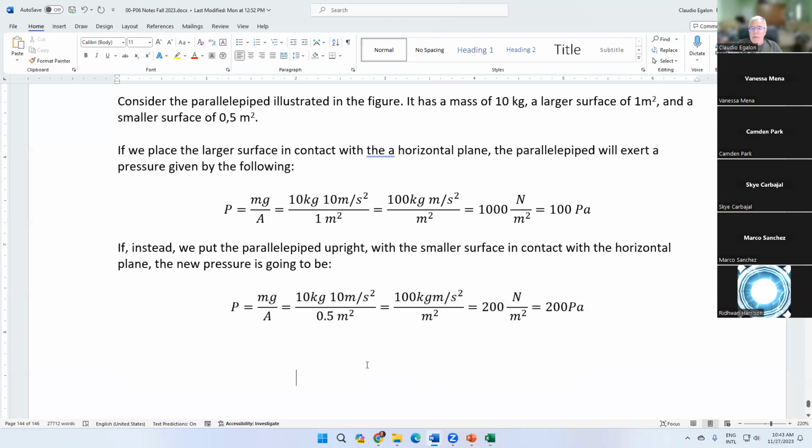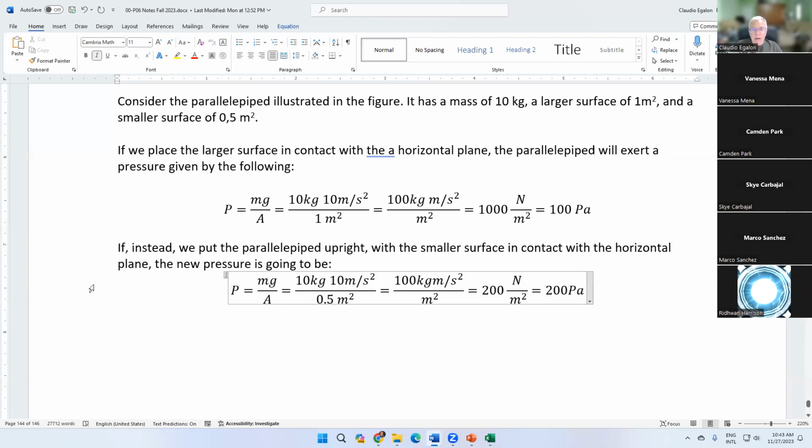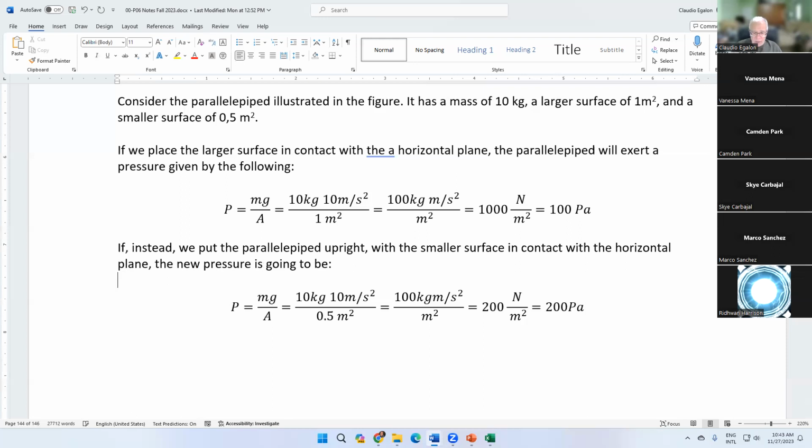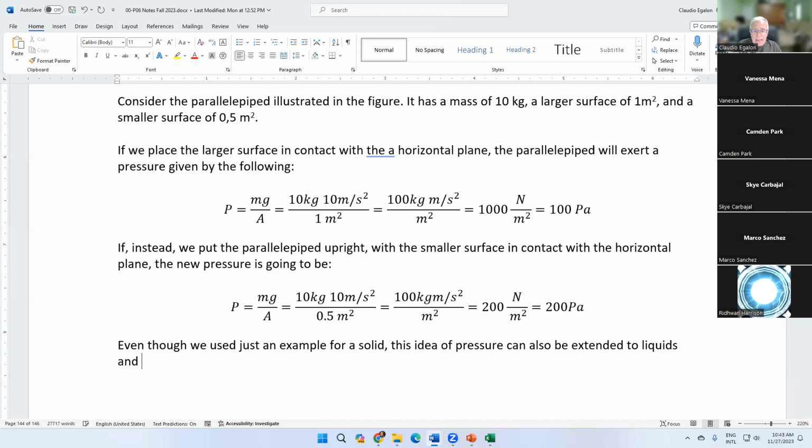And by the way, that's a very useful concept of pressure, because we can extend this idea not just to solids, but to liquids and gases as well. Even though we used just an example for a solid, this idea of pressure can also be extended to liquids and gases.